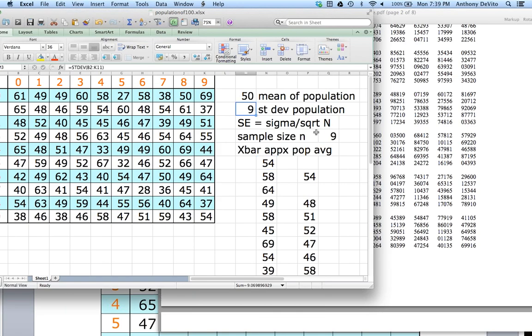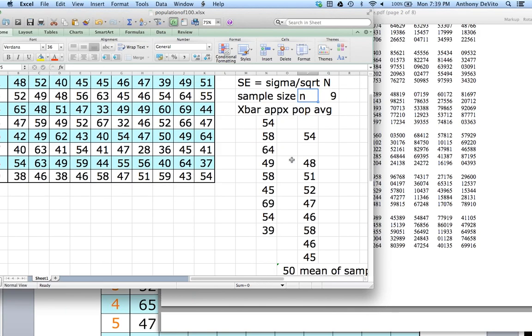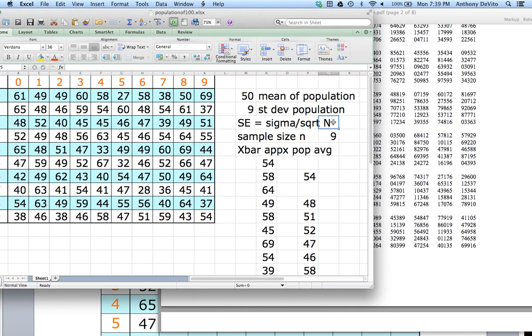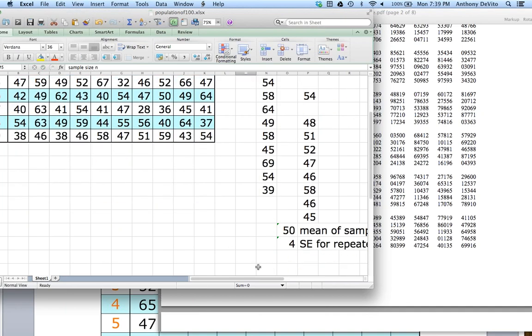So 9 divided by 3, we would have predicted that the standard error was going to be equal to 3. In fact, what we found was, for the one that we actually did, remember, we only did so many numbers here, the standard error was 4, pretty close to that 3.